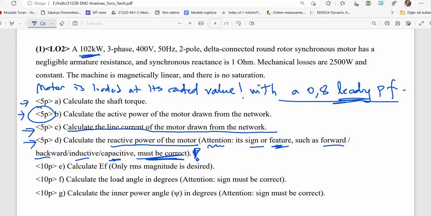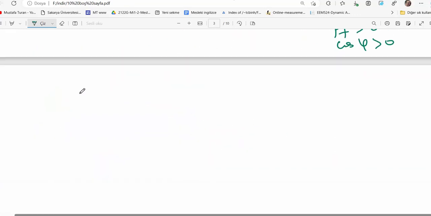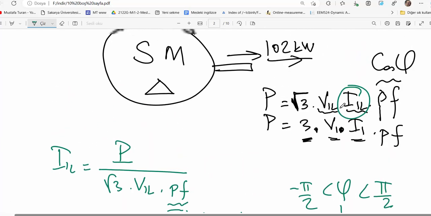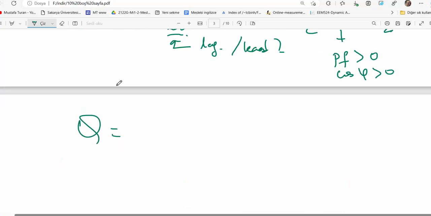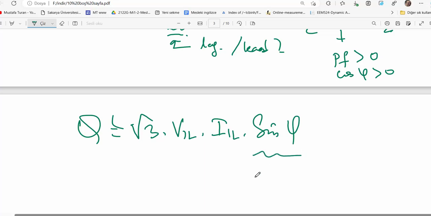Let's calculate reactive power. Reactive power similarly can be written as square root 3 times line to line voltage, line current, and sine phi coming from power factor.